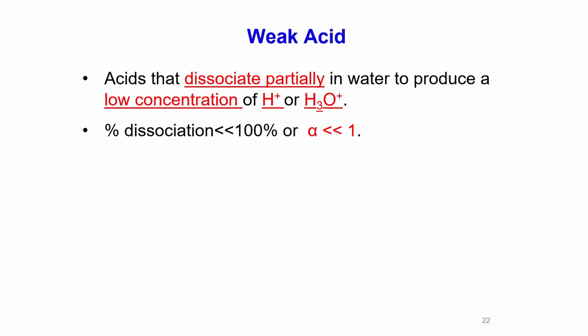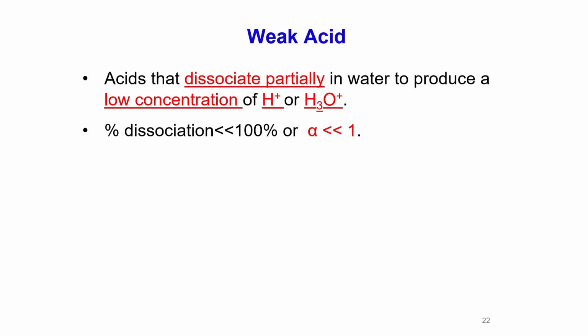So for weak acid, this is the reverse of strong acid. So weak acid partially dissociates. Because it partially dissociates, or does not completely dissociate, it will produce a low concentration of H+ or H3O+.